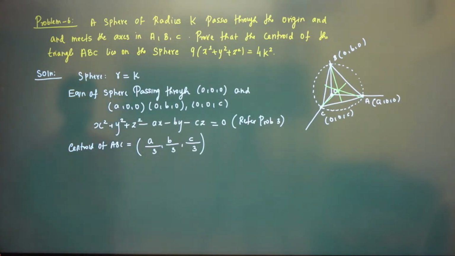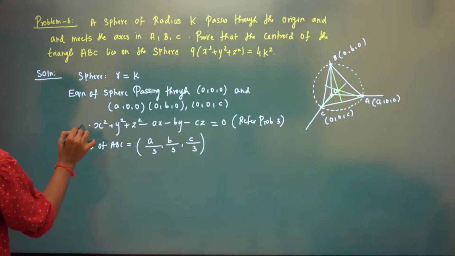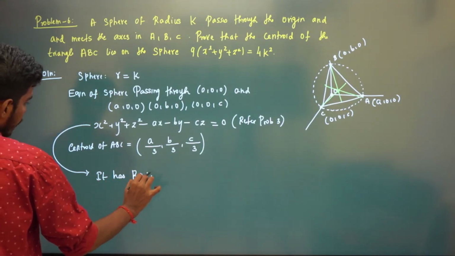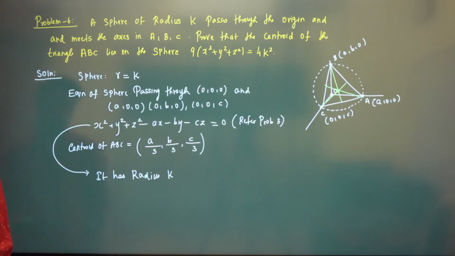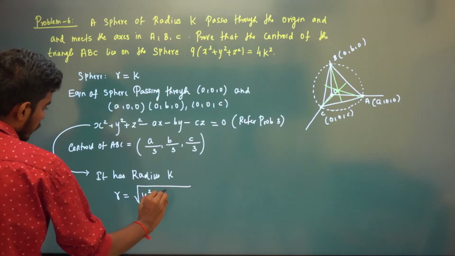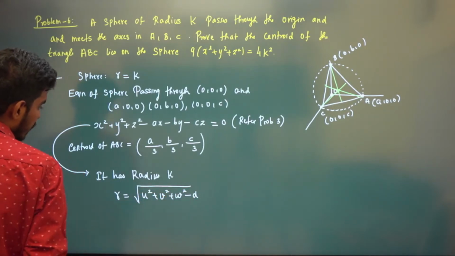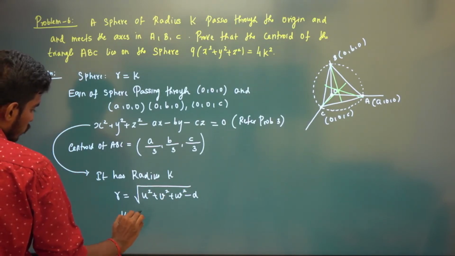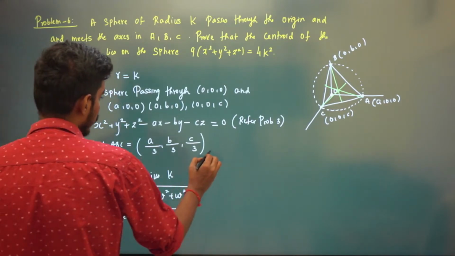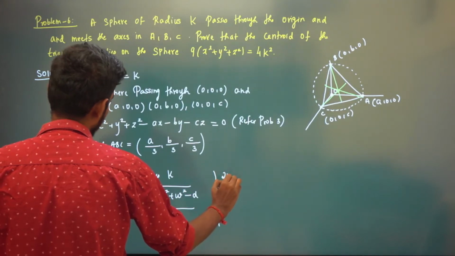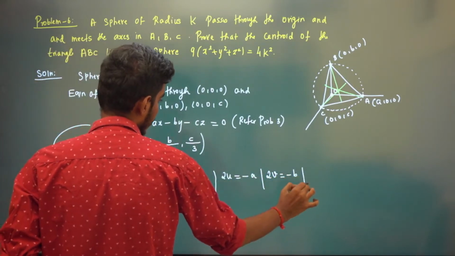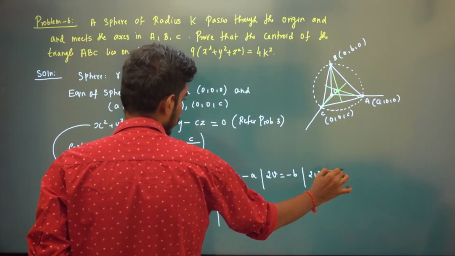Now it is given that this has a radius k, right? What is the radius formula? The radius is the square root of u square plus v square plus w square minus d. So the radius k is this root. Now what are u, v, w? Comparing with the general form, 2u is equal to minus a, 2v is equal to minus b, 2w is equal to minus c.